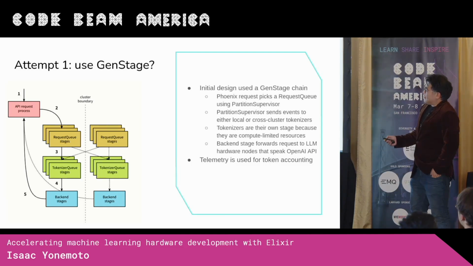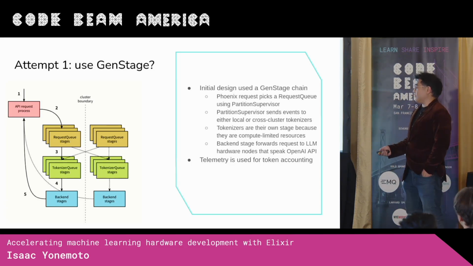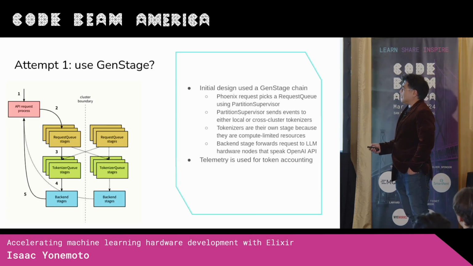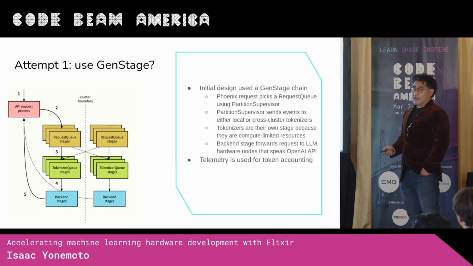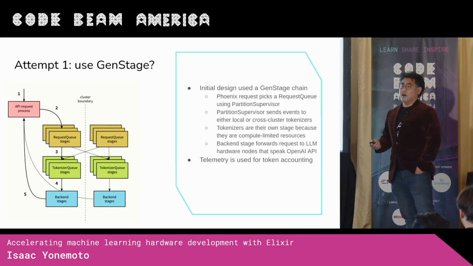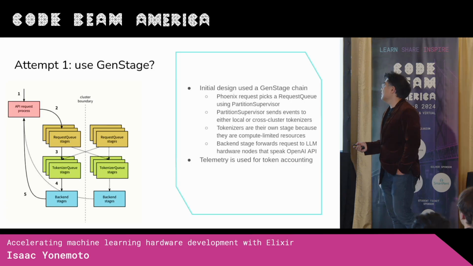The basic idea is to take an API request, handle it using the standard Phoenix plugs setup, push it into a request queue stage, send it to a tokenizer queue, and then the backends will route it to whatever hardware it needs to be, whether that's on a different machine somewhere else or on the same machine. The reason we wanted this in GenStage is because this is compute limited, and we wanted to only have as many computes at the same time as there are, I guess, dirty NIF schedulers, if you know what that means.